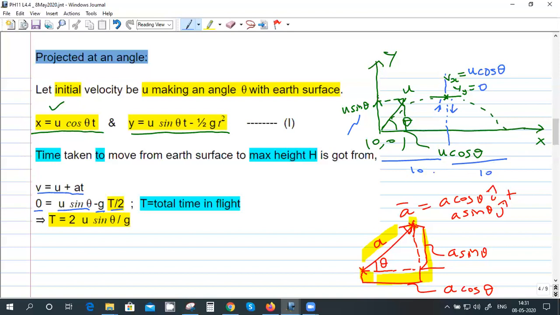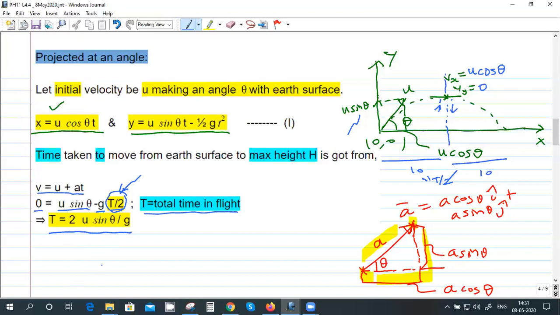If the total time of flight is capital T, then the time taken to go up is T by 2. So the velocity changes from u sin theta to 0 in time T by 2, and from that we get capital T as 2 u sin theta by g.